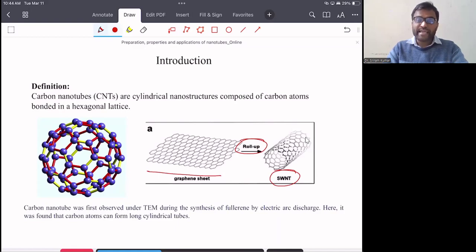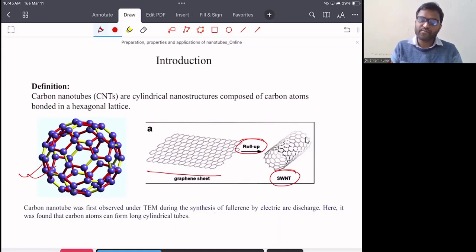The interesting point is that the synthesis of the CNT was kind of an accident. You can understand that because scientists were synthesizing fullerene using graphite.